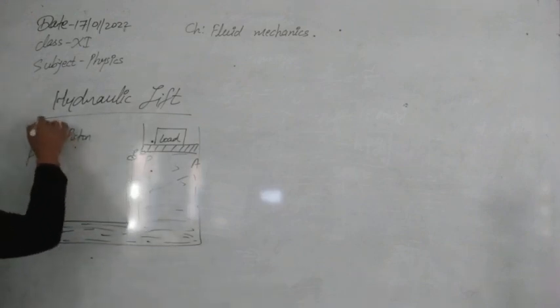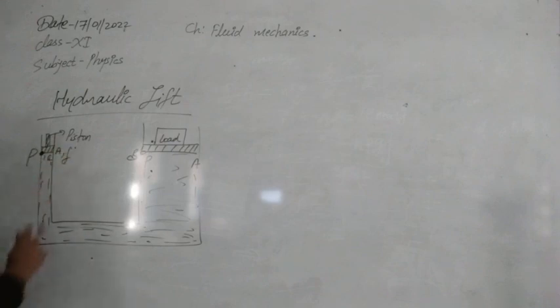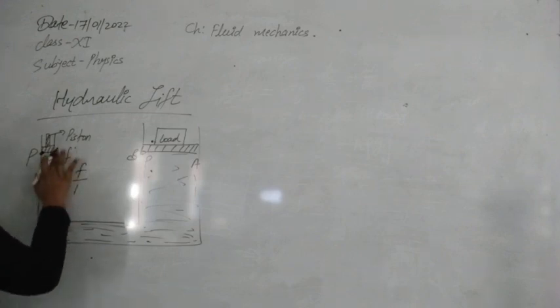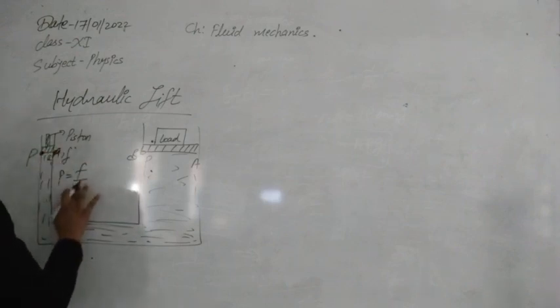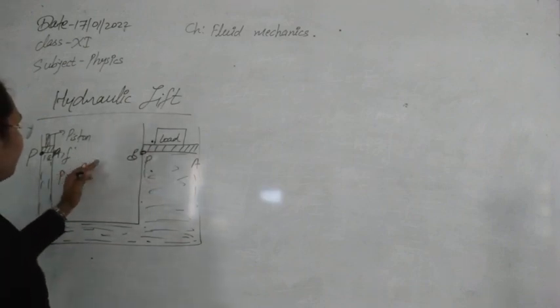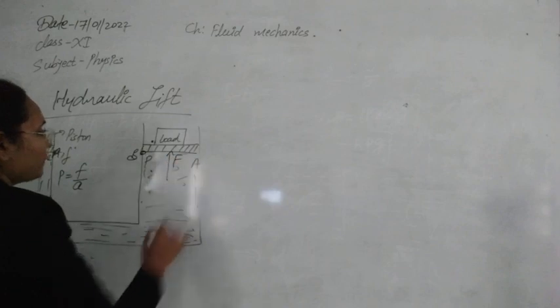Suppose through this piston we apply some force, small f. Due to this force, the pressure created here will be f upon small a. Similarly, a force capital F is applied on the load.